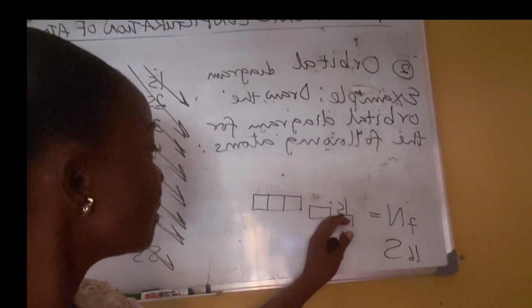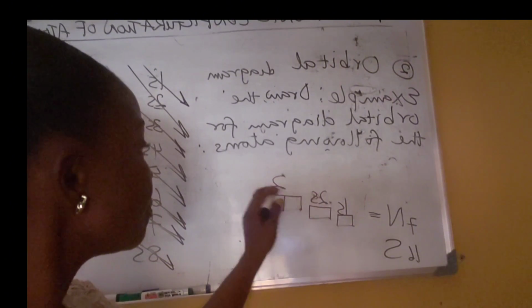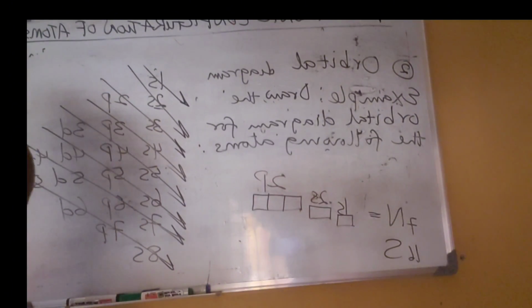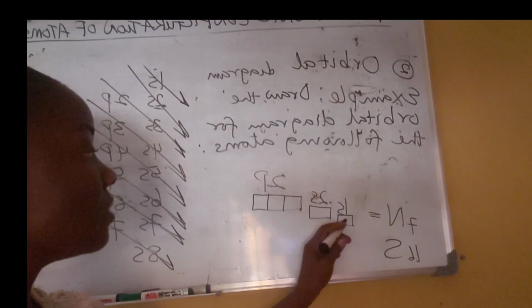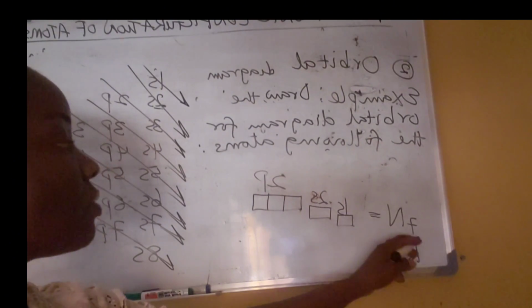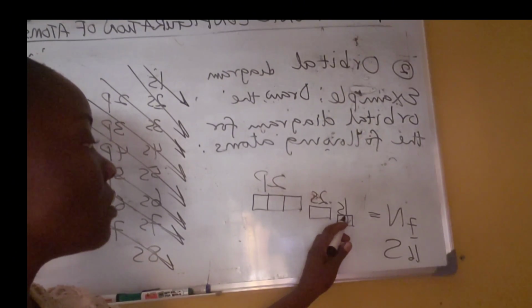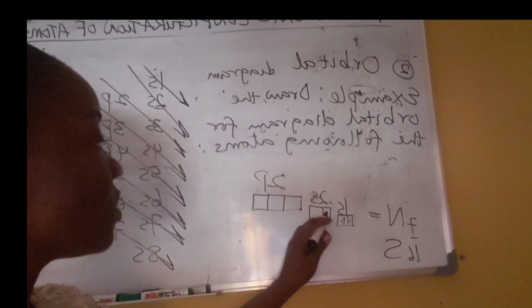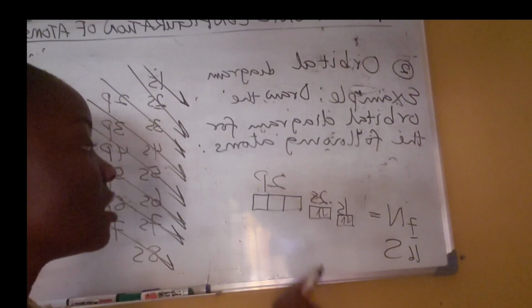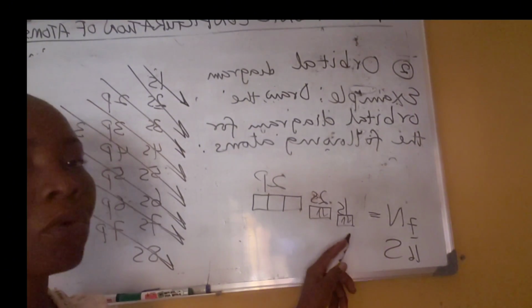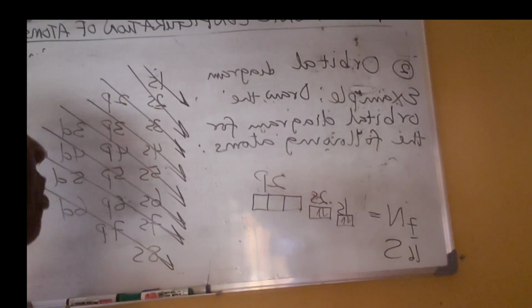This is 1s, 2s, 2p. Now, we have 7 electrons to write. So give 2 to 1s, give 2 again to 2s. So we've removed 4 out of 7, so we are left with 3.